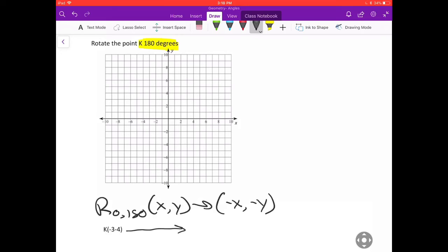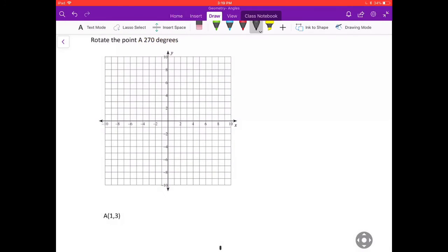So we're going to take this negative 3, negative 4, and we're going to turn it into 3, positive 4, and we're going to call that K prime. So I'm going to graph my K. Negative 3, negative 4 is here. And I'm going to graph my K prime in green again, which is going to be 3 comma 4. This would be K prime. So make sure that you plot your pre-image and your image using the primes and the same letter.